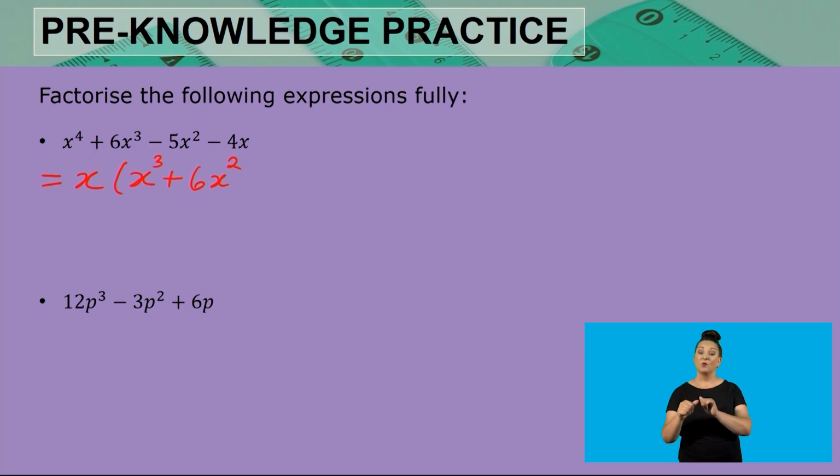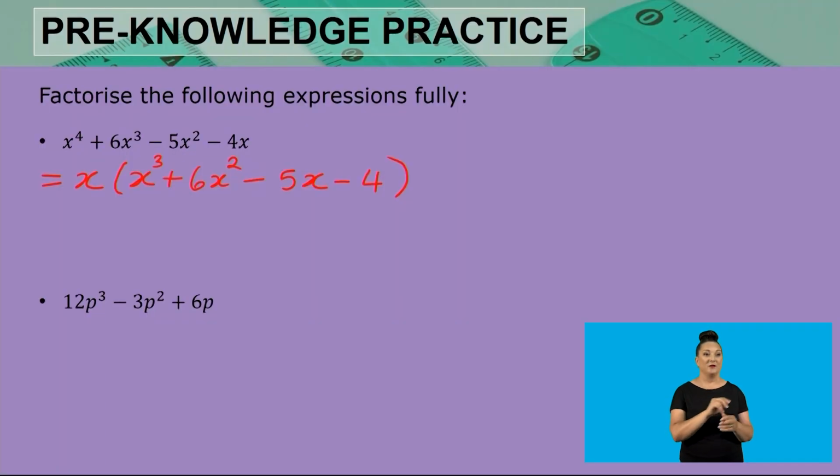Then we have 5x squared divided by the x, and that gives us 5x. And finally we have 4x, and we divide it by that x, and that gives us our 4. And that is how we factorize that.